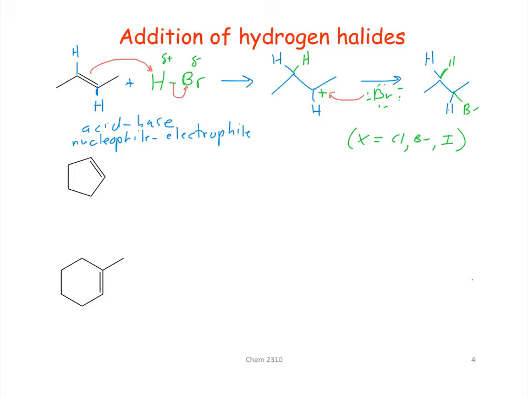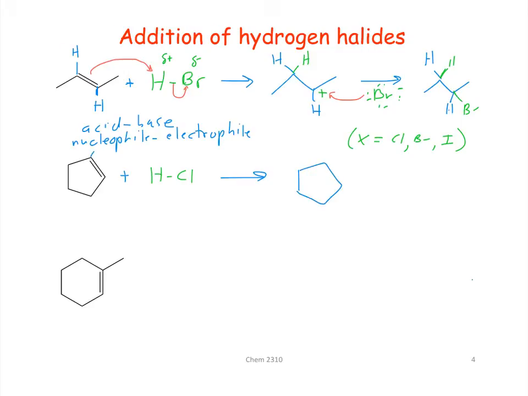Okay, so let's just look at another example here. We don't have to draw out all the intermediates and the whole mechanism this time. We're just going to add to this cyclopentene. We're going to add HCl this time. Okay, and to draw the product, all we have to do is draw the same carbon skeleton.